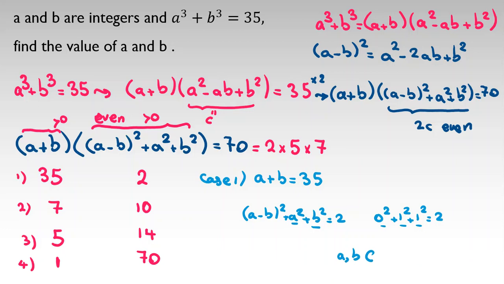So A and B are between 0 or plus minus 1. Now, if we check any of these cases, you can't create 35, because A plus B can be 1 or 2, or negative 1, negative 2. You can't reach 35. So this was case 1.